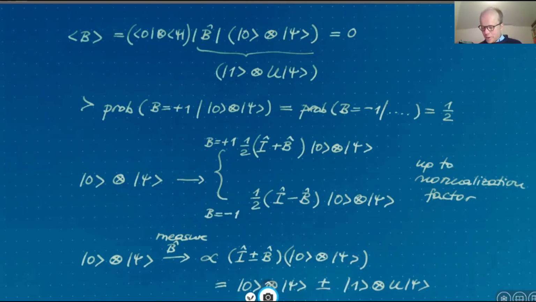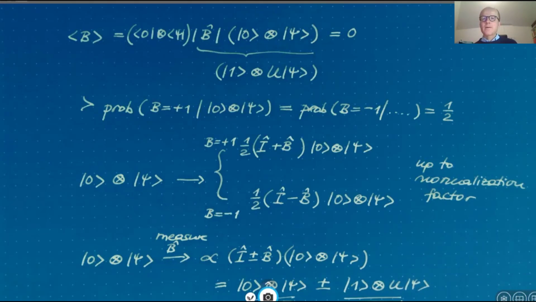So then you project onto this state. So then after the second measurement, the two qubits are in this first tensor product state. If, on the other hand, in the second measurement, you measured -1 for Pauli Z, the associated eigenstate is the basis state 1. And then you have to project onto that eigenstate. And then your state after the measurement is this tensor product.